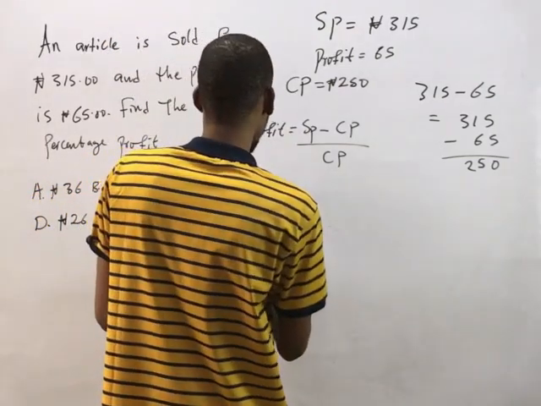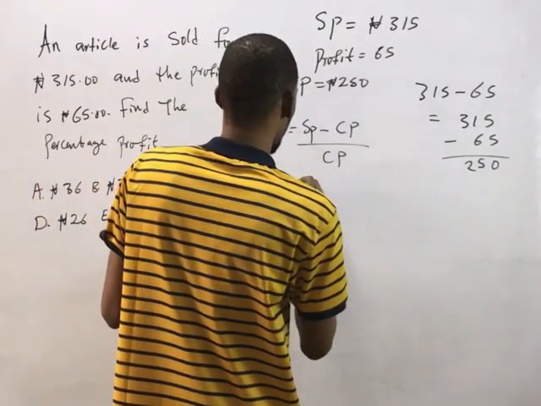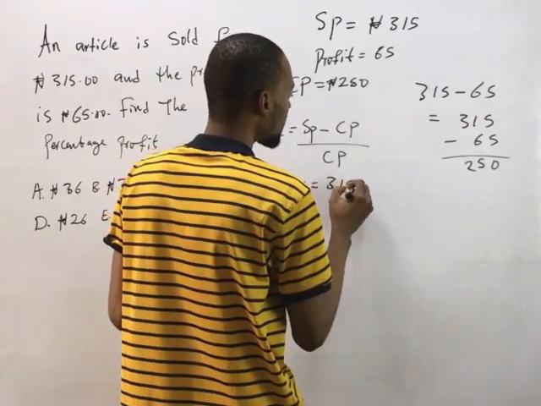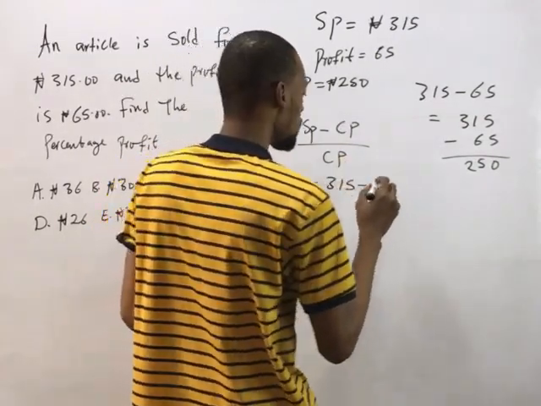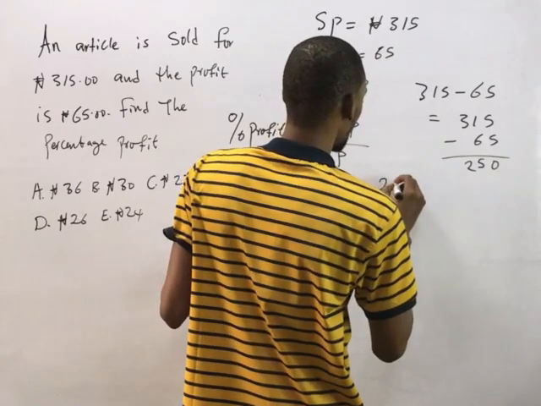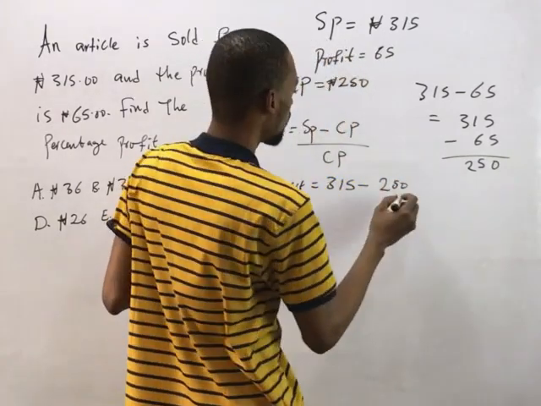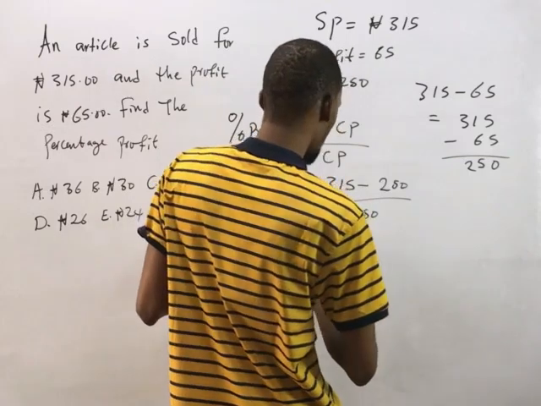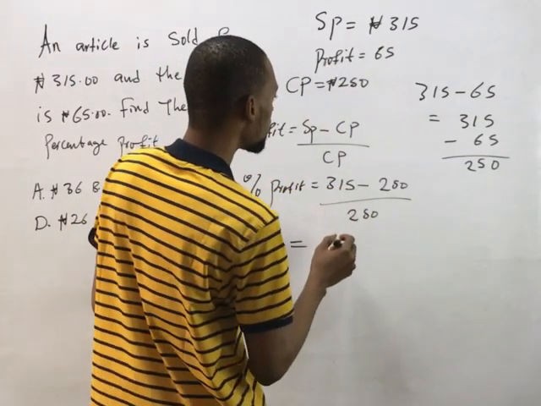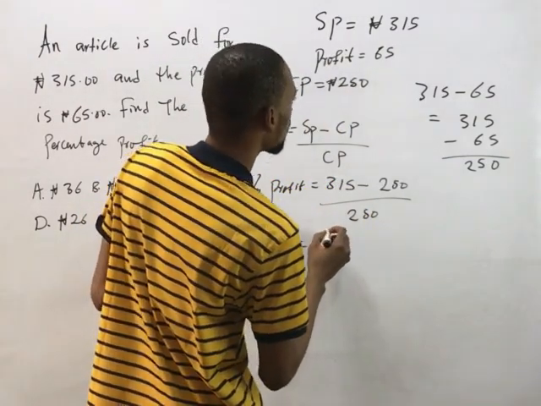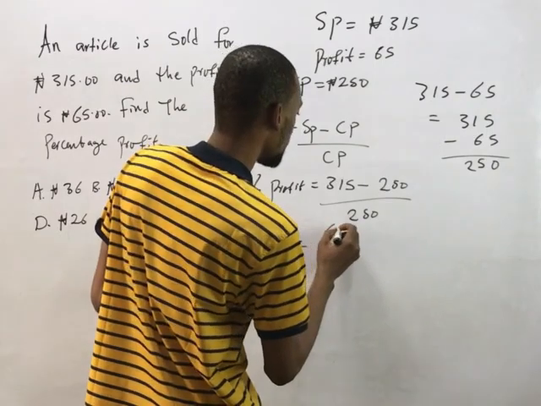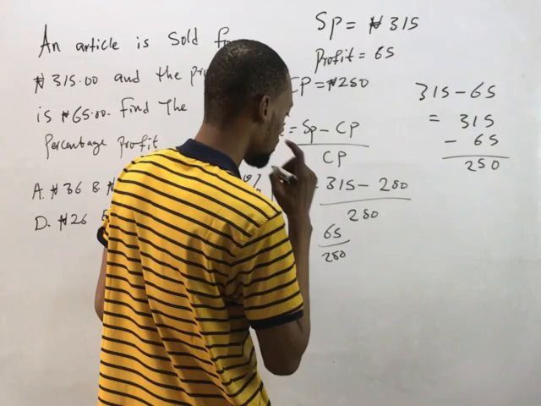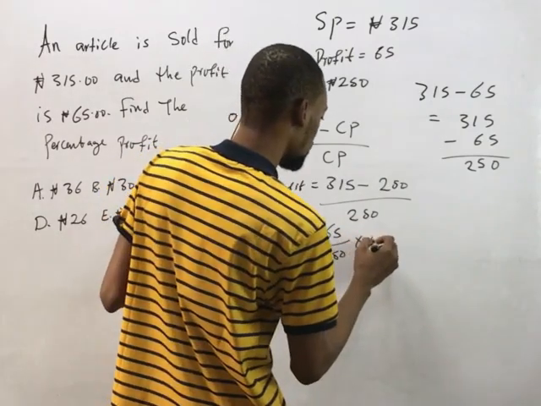So percentage profit will be equals selling price is what? 315, right? Minus cost price is what? 250, right? Over cost price, which is what? 250. So this is simply profit, that is 65, 315 minus 250 over 250 times 100.